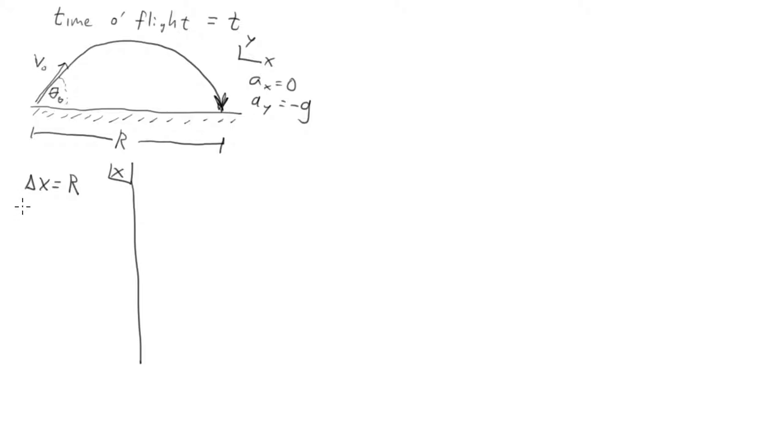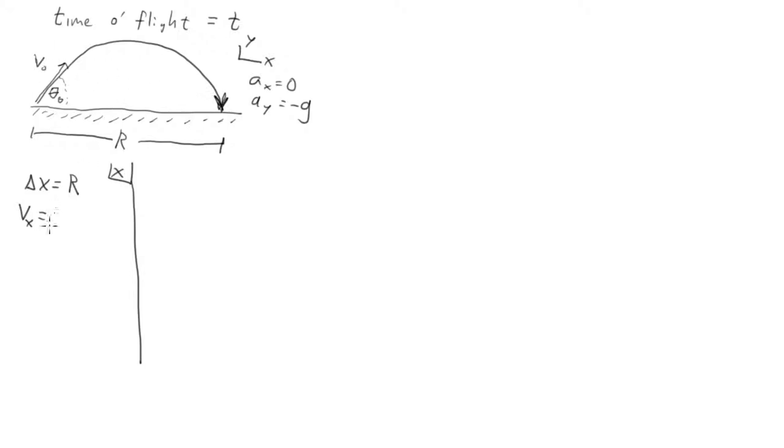And then the x component of the initial velocity. Because the x acceleration is 0, the x component of velocity is going to be constant.